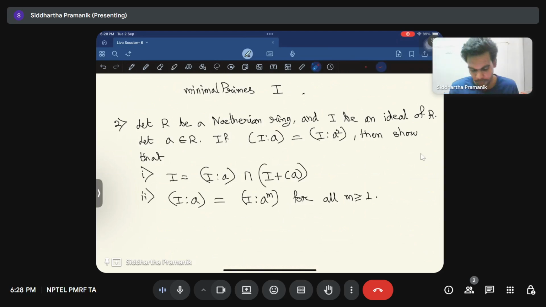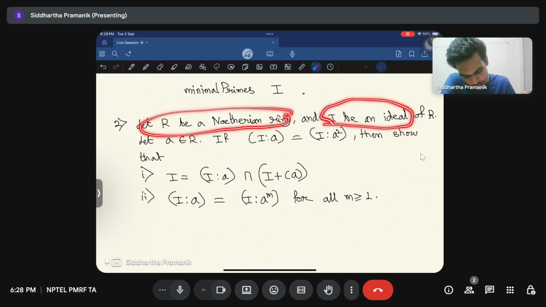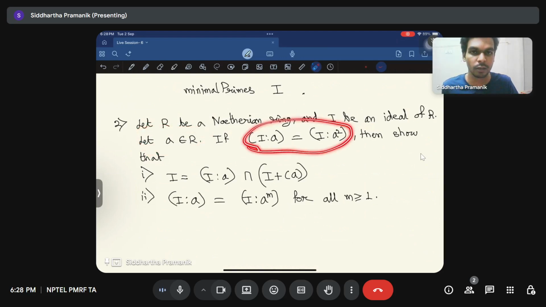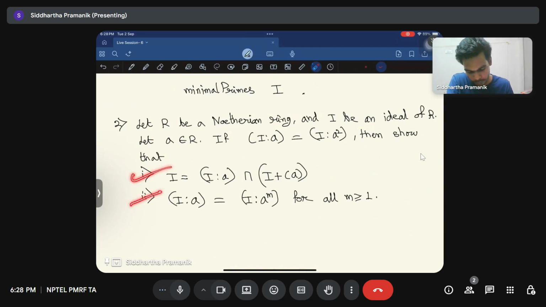So what is given is we are given an ideal I in a Noetherian ring R and a be an arbitrary element of R, which has the property that I colon a is the same as I colon a squared. Now using this information we have to prove two things.